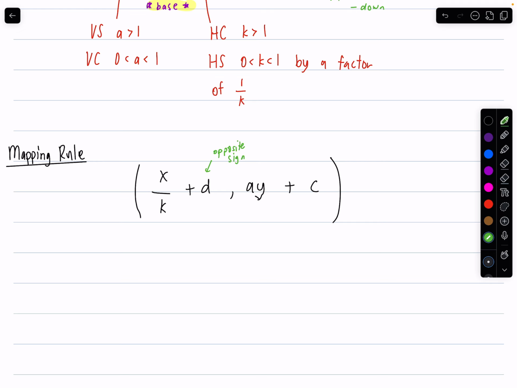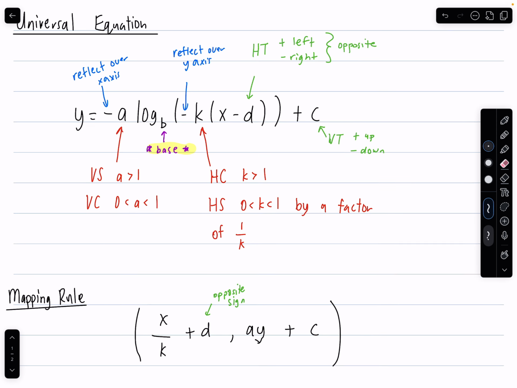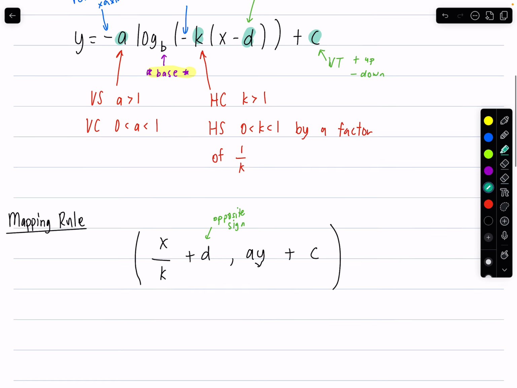Okay, so why do we need to know this universal equation and the mapping rule? The reason why is because we need to use a, k, d, and c from our universal equation, and we're going to get those values so we can plug it in to our mapping rule.